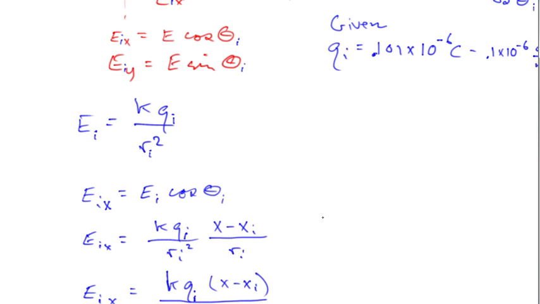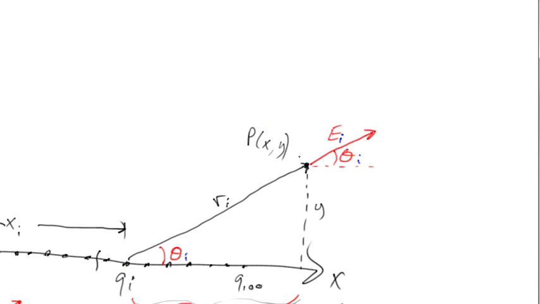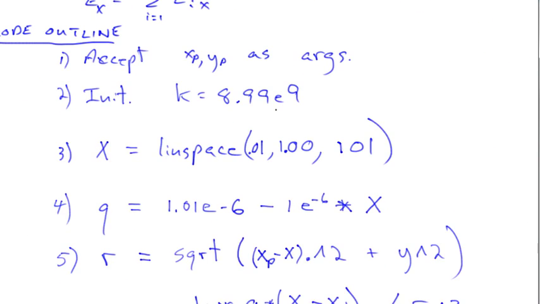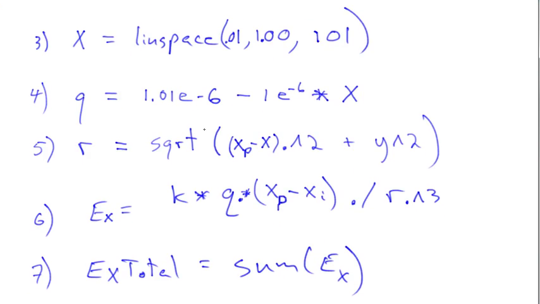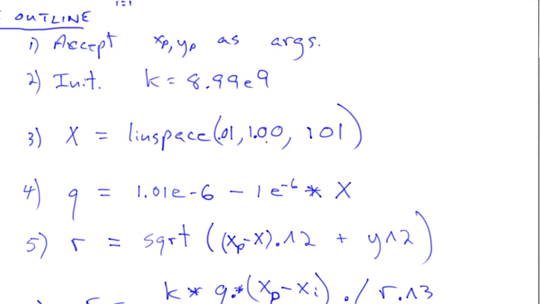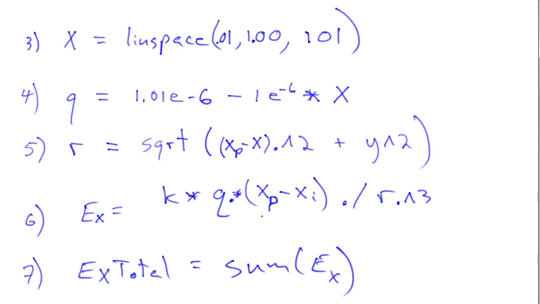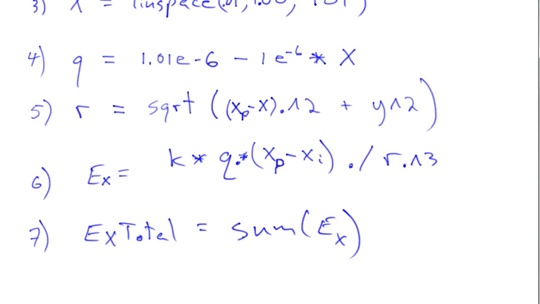Up there I was using x divided, say I was talking about the ith one, and I called the coordinates of point P x and y, but I switched over when I was doing the coding. My x had all 100 of my x sub i's in it as the whole array, and so I needed xp, but xp minus xi, I had it right in the pencil and paper part, although there was one subscript missing.